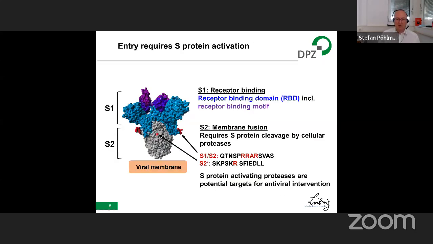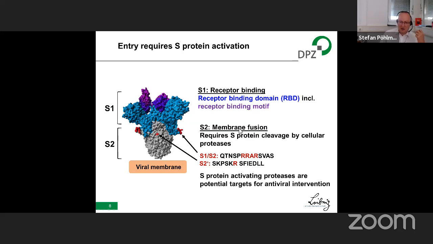Now, let's look at the S protein in more detail at a molecular level and look at the domains that are important. For one, the S protein is subdivided into two subunits called S1 and S2, and they have very distinct functions. The S1 subunit contains the receptor binding domain, short RBD, that mediates the interactions with ACE2.